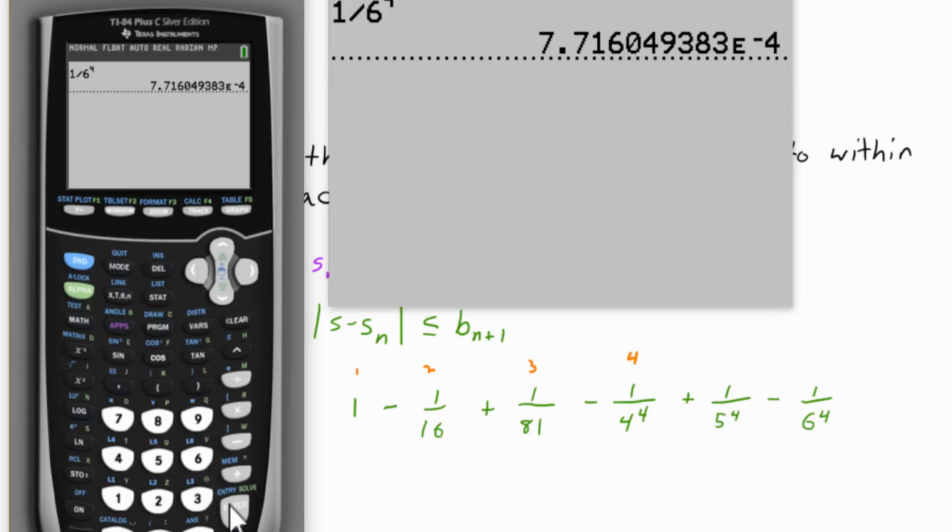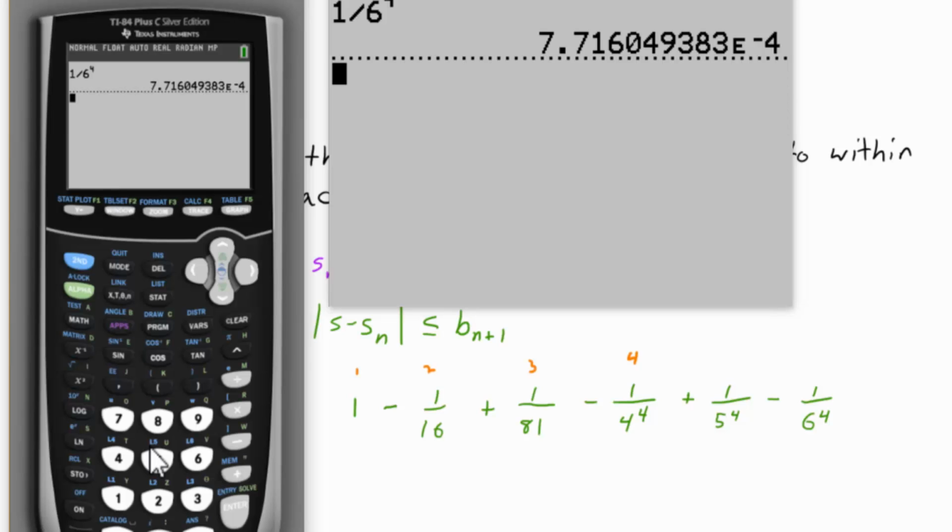Well, let's go back to 1 over 5 to the fourth and see what that gets us. Well, so the idea here is you want to use as little computing power as possible to make the estimation here. So you want the first Bn plus 1 that satisfies the condition. Okay? Yeah, you could go out to the 1,000th term and be pretty sure you're right, but you're saving computer power. You want the first one that satisfies the condition.